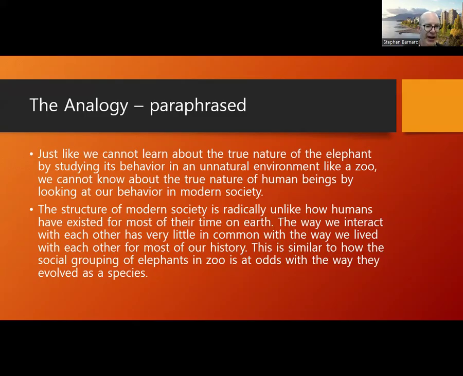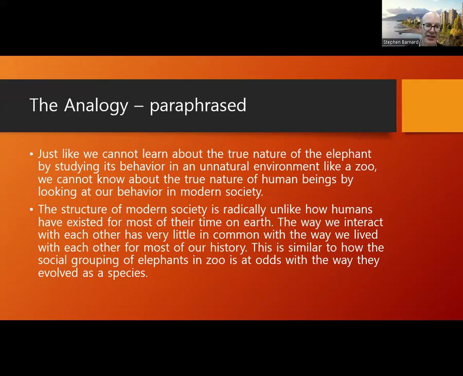The way we interact with each other has very little in common with the way humans lived with each other for most of our history, meaning the way we live today in modern society is vastly different from how the human species survived throughout most of its time on Earth.